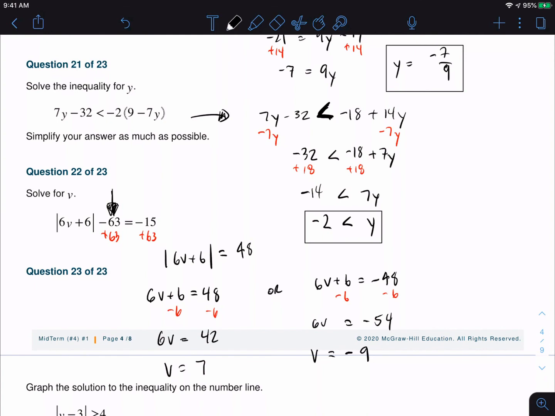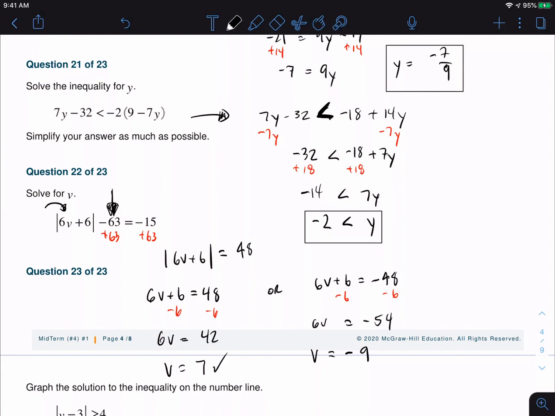So plugging into here, 6 times 7 is 42. Plus 6 is 48, right? Yes. What's the absolute value of 48? It's 48. So then 48 minus 63 is a negative 15. So we know that this one works.